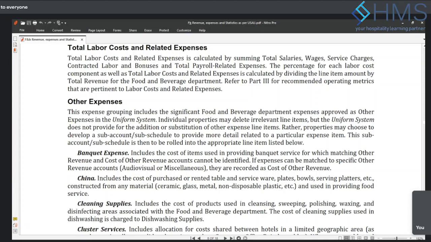Rather, they will push towards making a small provision every single month for the usage of chinaware, glassware, silverware, whether in terms of amortization or a percentage amount based on the life of the equipment. And if they break, then you just charge them immediately. How you want to do it depends on the hotel policy, how easy it is, and what kind of record you are making. So just have to be clear on that.